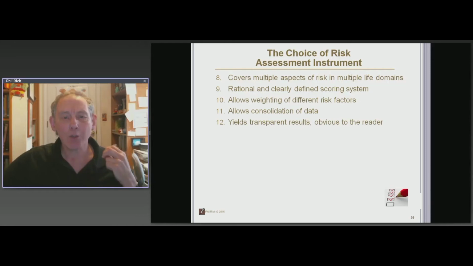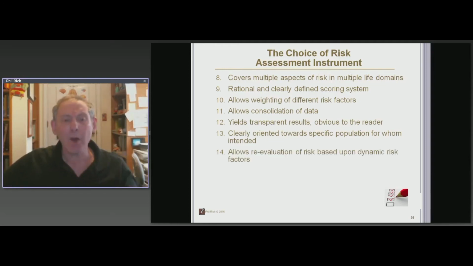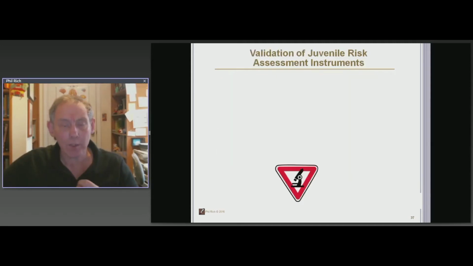It should yield transparent results that, even if the reader disagrees, understands how we got to that place. And it should be oriented towards a specific population that it was intended for. So for instance, the JSOAP very clearly says this is for males. And finally, that instrument should allow us to reevaluate risk over time, because again, we've already said risk assessments for adolescents at least have a short shelf life, relatively speaking.